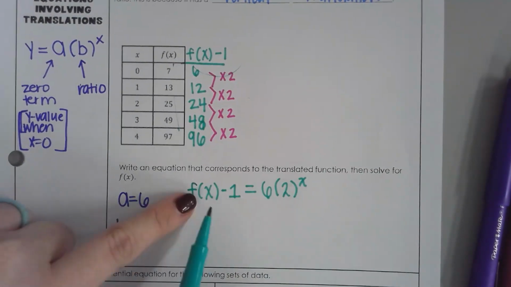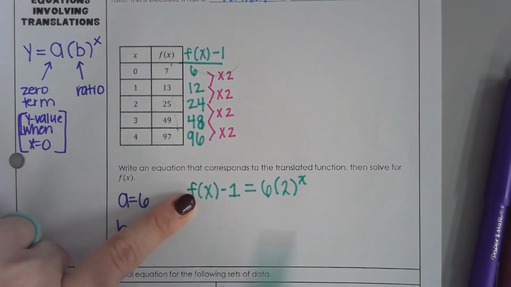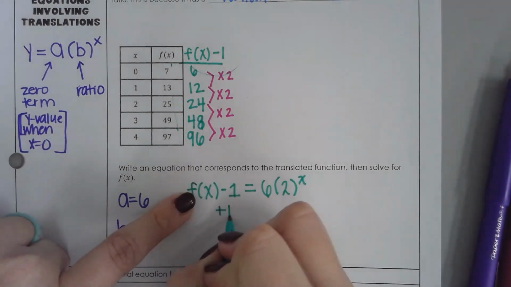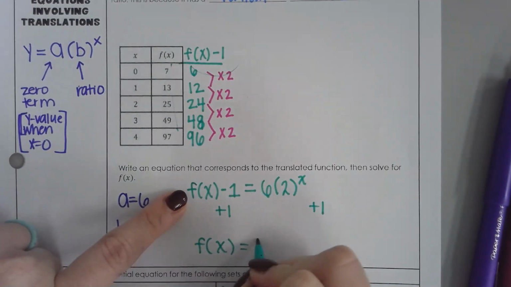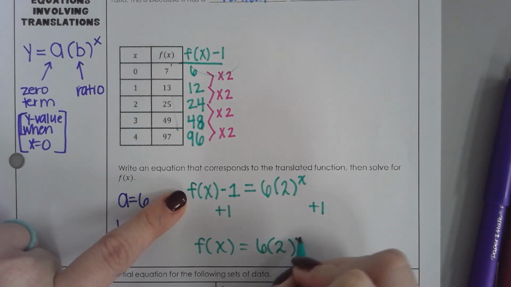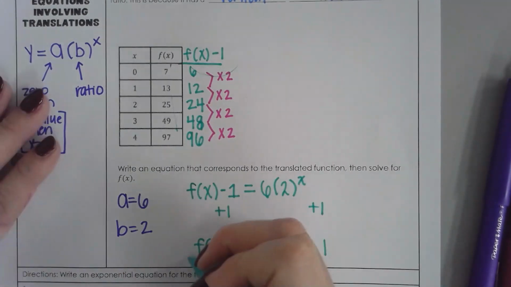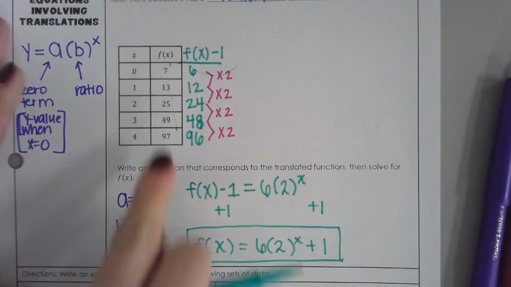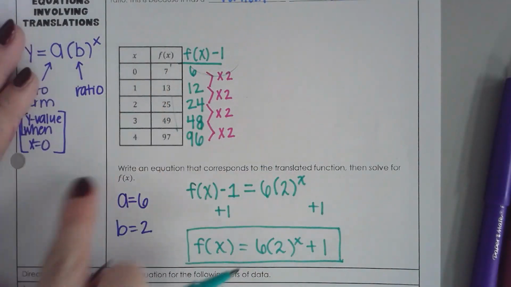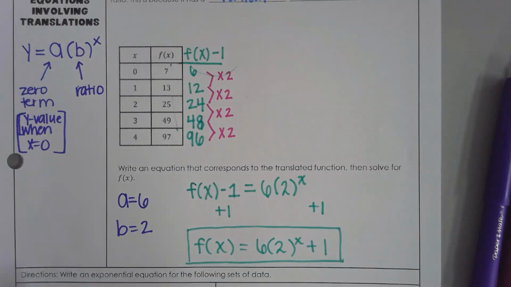And now if I want to get f of x by itself, I would add 1 to both sides.